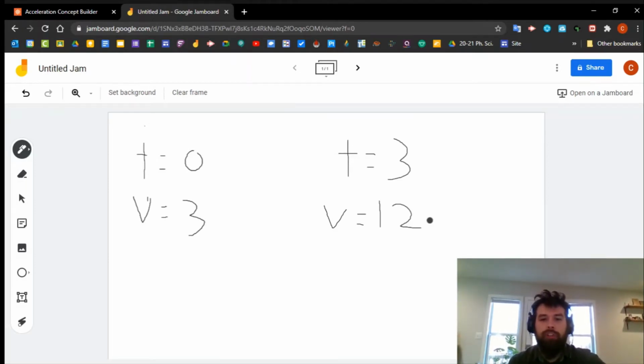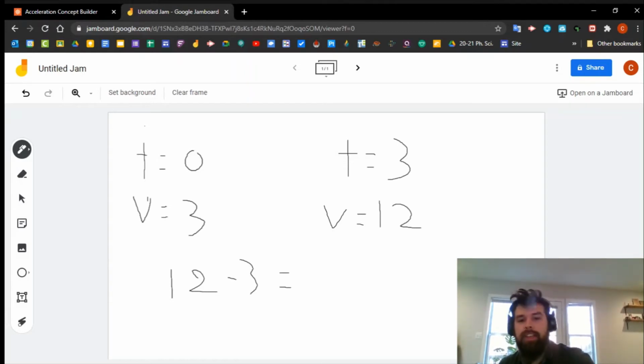We went from 3 to 12, so 12 minus 3. I'm sure a lot of you guys can do this in your head, and that's fine. 12 minus 3, that's 9. So we have a total difference of 9 meters per second.